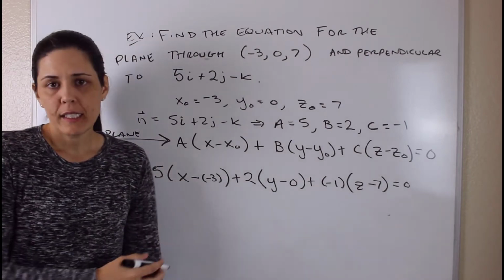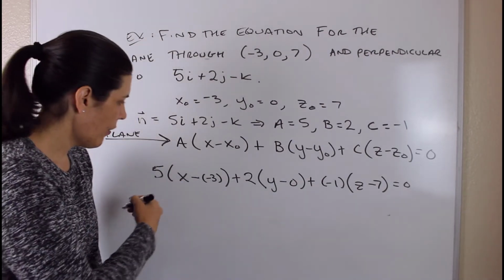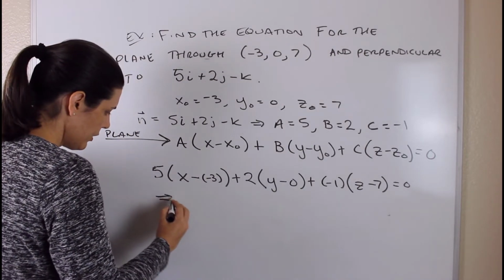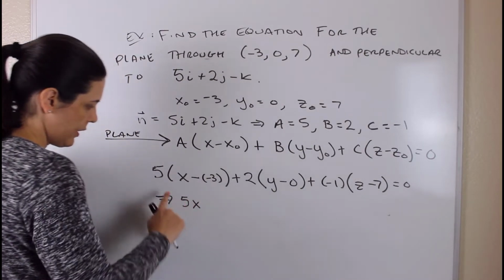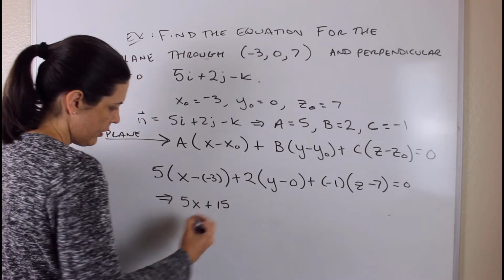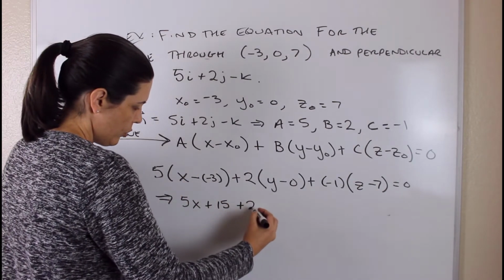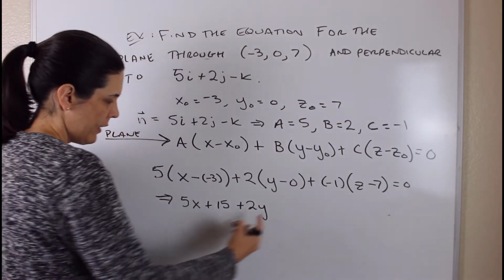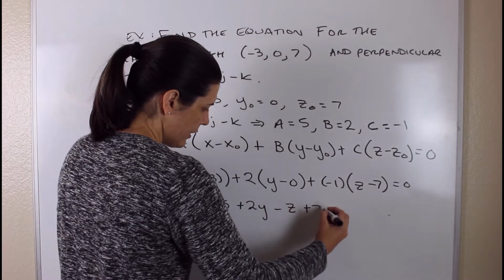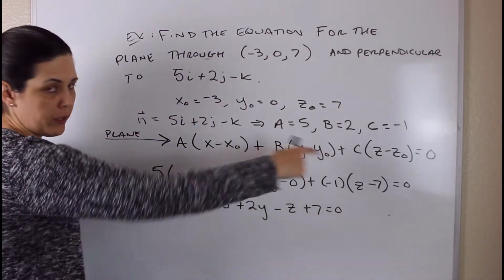Now technically I can leave it like this, but it's not a very good format to leave it in. We should simplify at least somewhat. And so we have 5x, I'm going to distribute here, plus 15, then 2y, then over here in the back we have minus z plus 7. I'm just distributing.